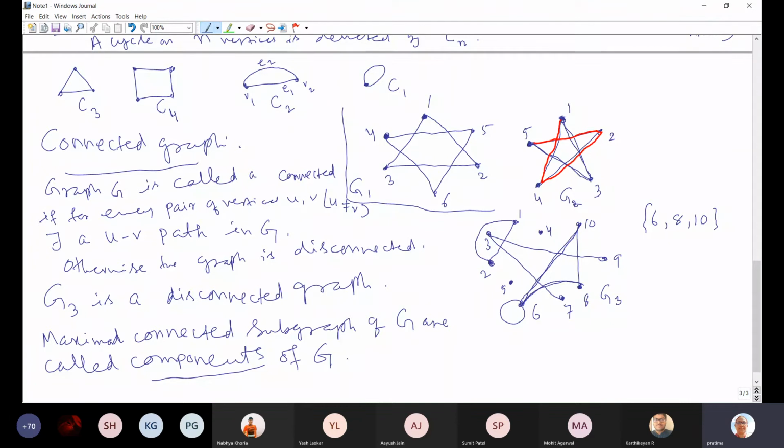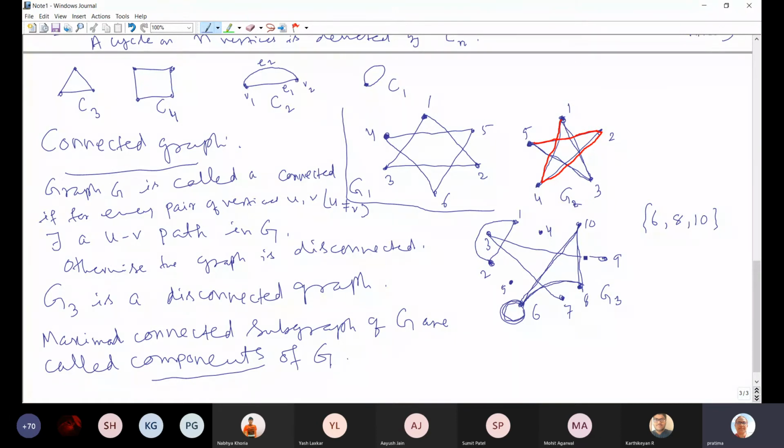So this is the maximal connected subgraph on these three vertices.